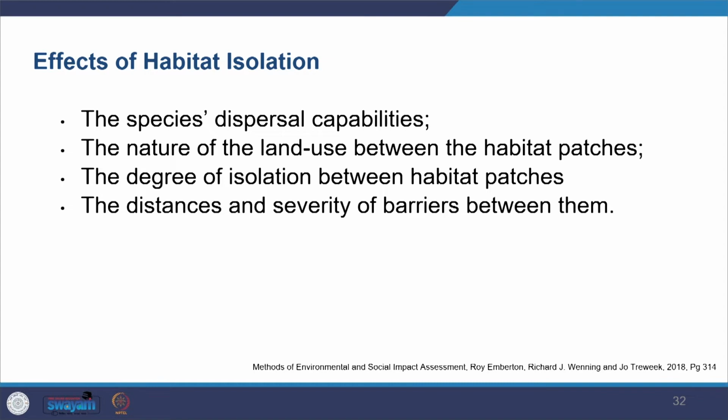And then it also affects the nature of land use between the habitat patches. So what kind of use is taking place. And then the degree of isolation between habitat patches is also affected. Like the distance, what kind of barriers are coming, and then it gets isolated, and many times it doesn't survive that.